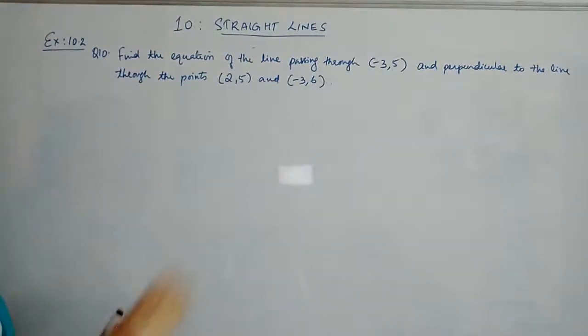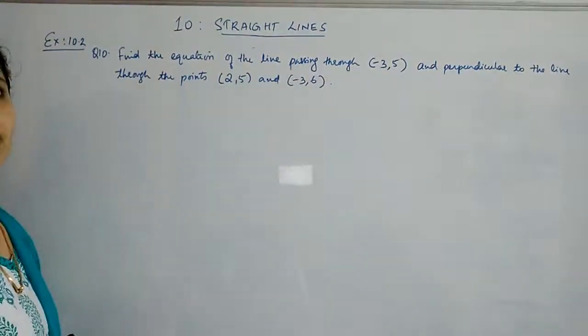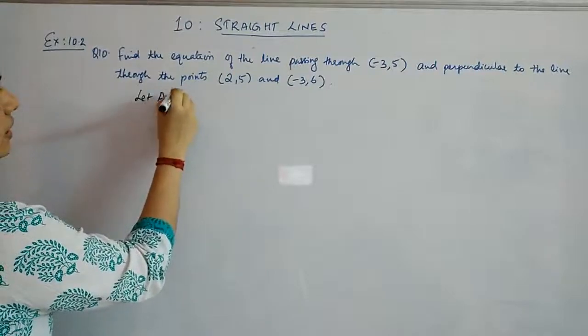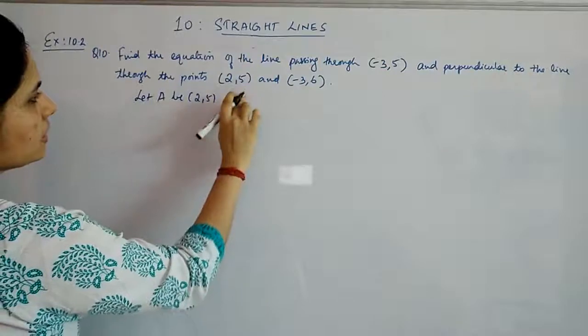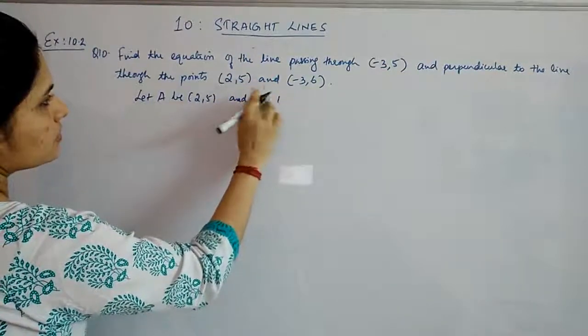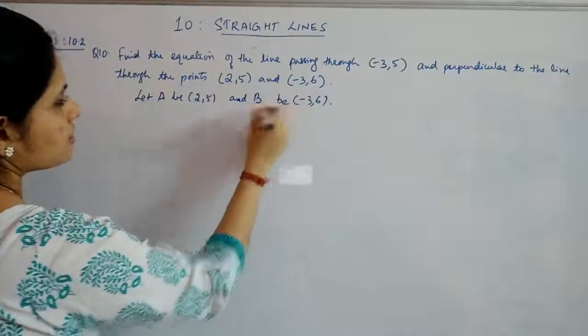First of all, we can just take these 2 points as A and B, so that we can write the slope. Let A be (2, 5) and B be (minus 3, 6).